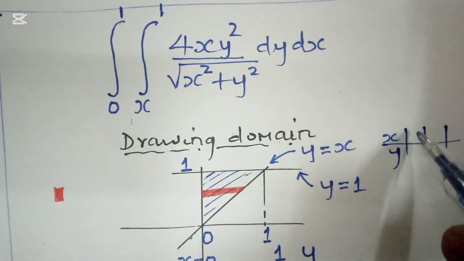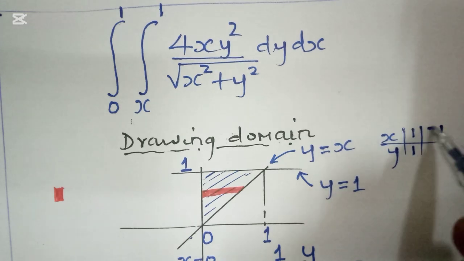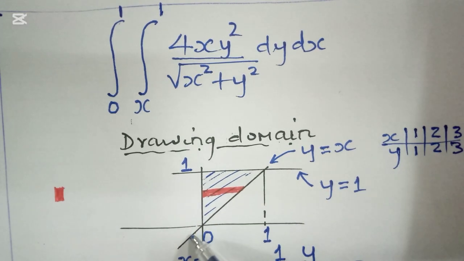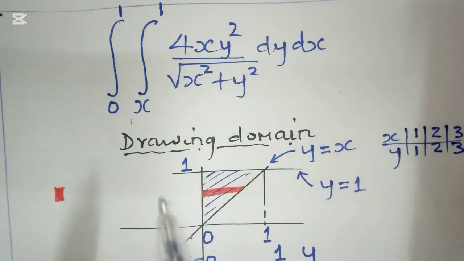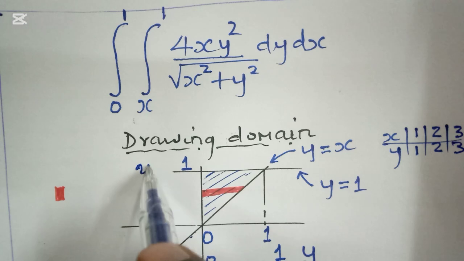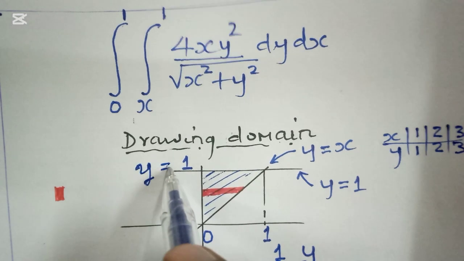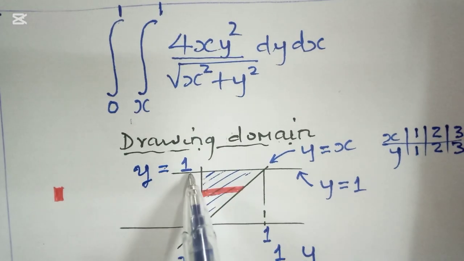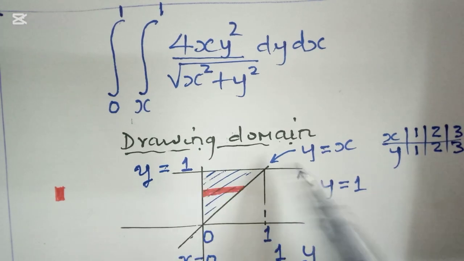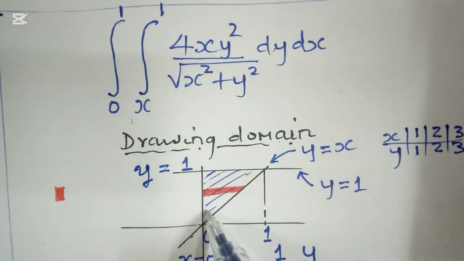If you sketch x and y with 1, 2, 3 on the axes, y equals x goes like that. Then y equals 1 passes through here. The region in between is where we have our domain.